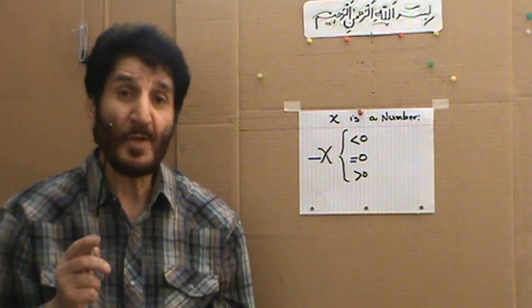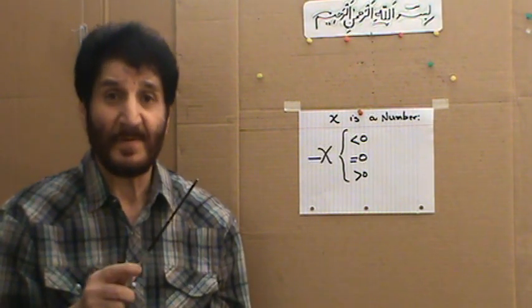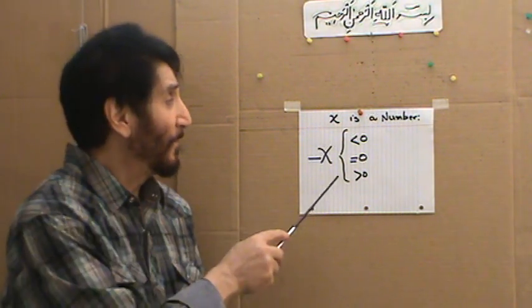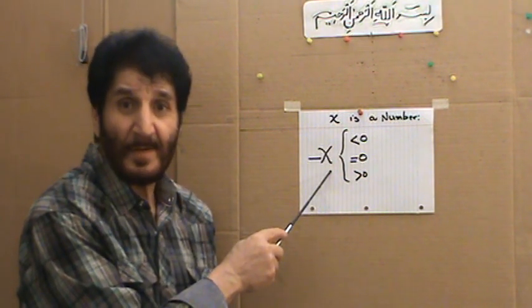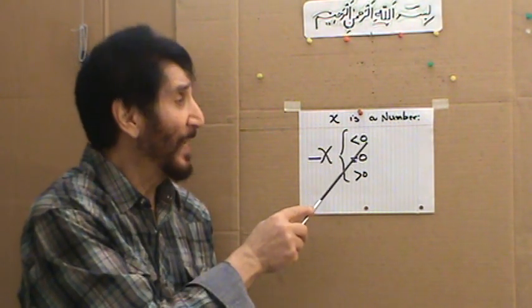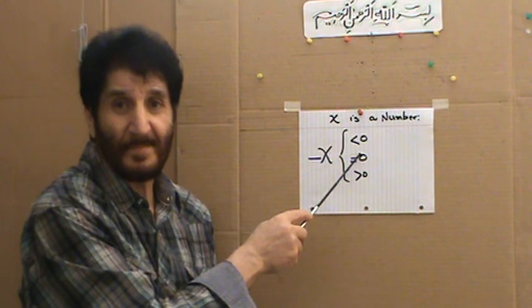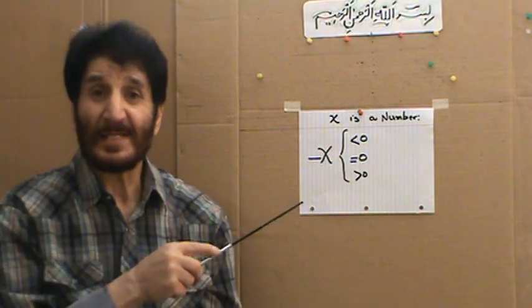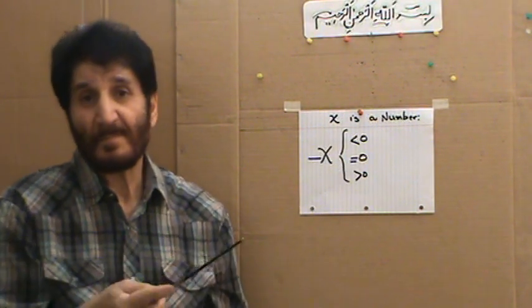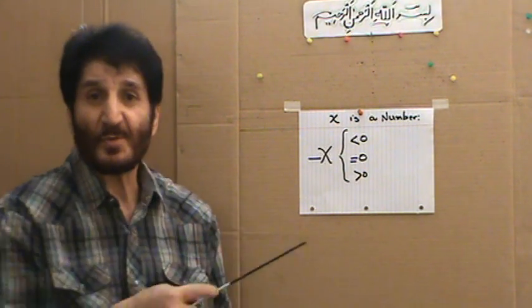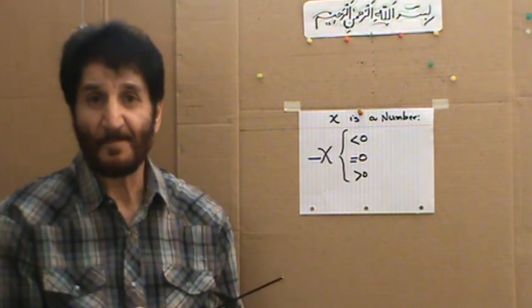He puts a conditional statement. He says if x is a positive number, then negative x will be a negative number. If x is 0, then the negative is not going to hurt it, it remains 0.